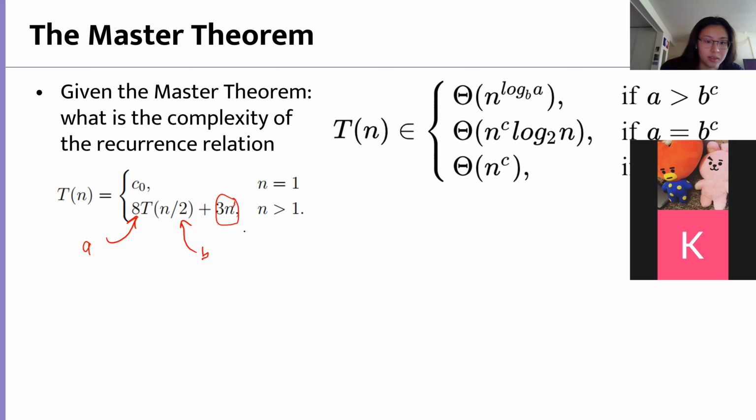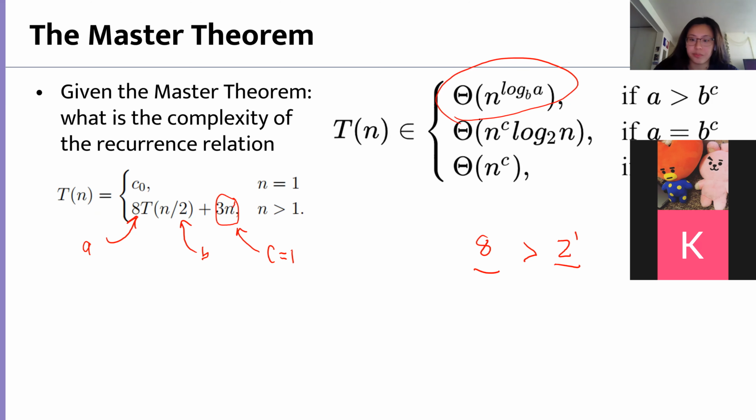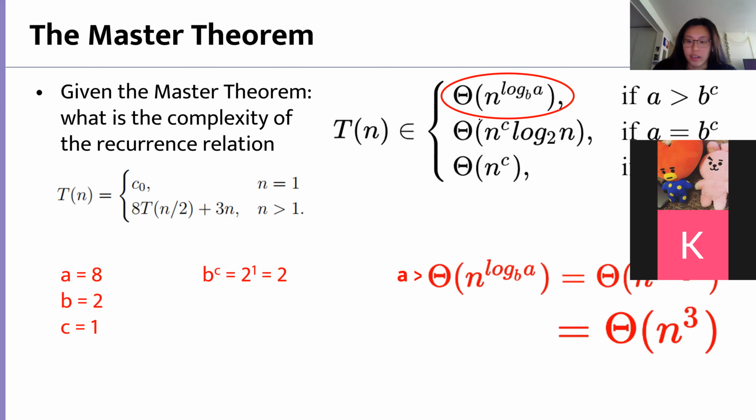So this is technically n to the 1, so C is actually 1, right? And then if we look at this, 8, and then B to the C is 2 to the 1. So this A is greater than that. We have it in this form right here. And so once again, if we just plug and chug, we get n cubed.